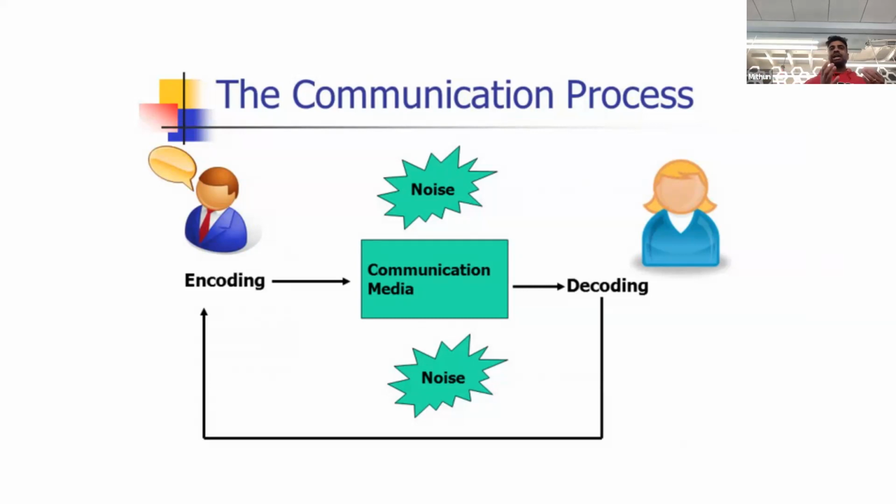And the person on the other end is decoding it. For example, when we send a text message, one line, which says, I will meet you at the bank, we are encoding a meaning, hoping the person on the other end understands I'm talking about the financial institution bank and not the river bank.